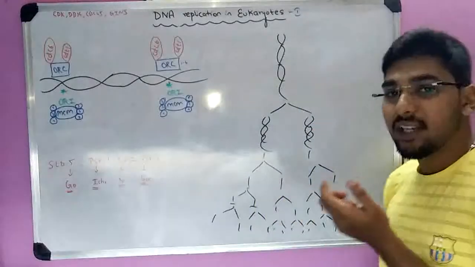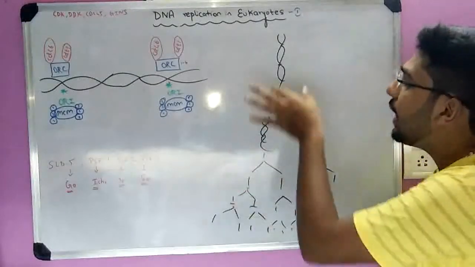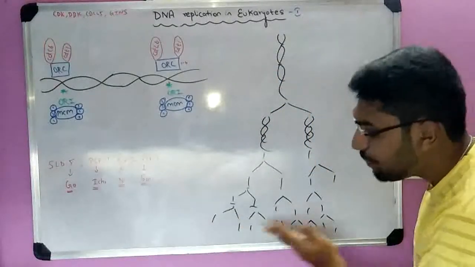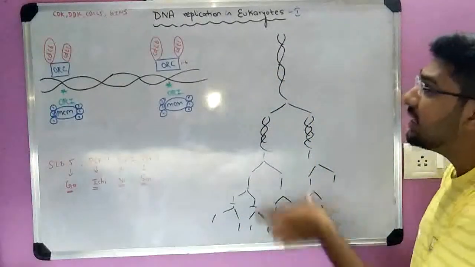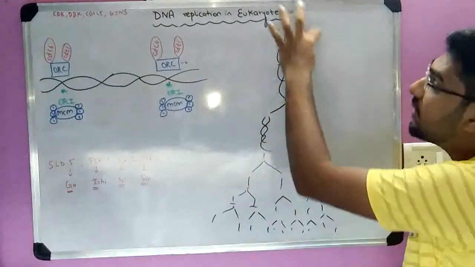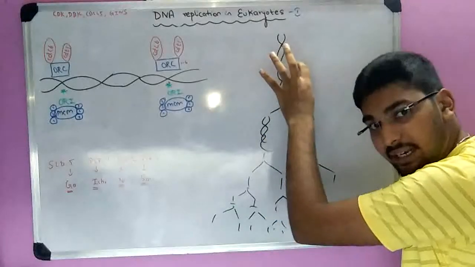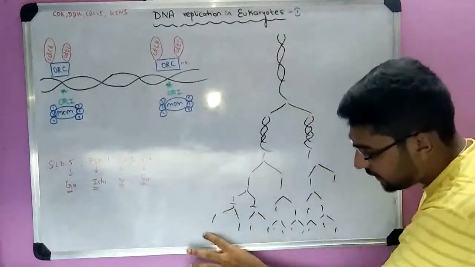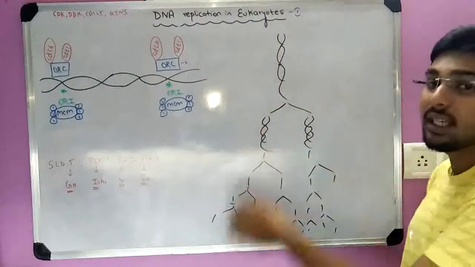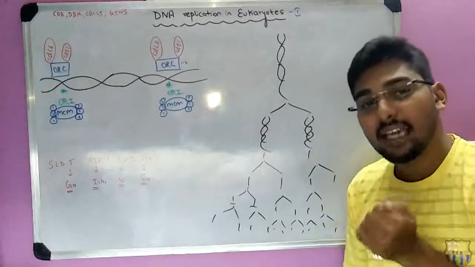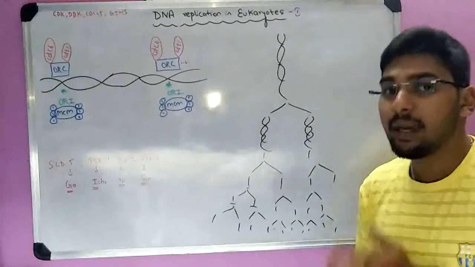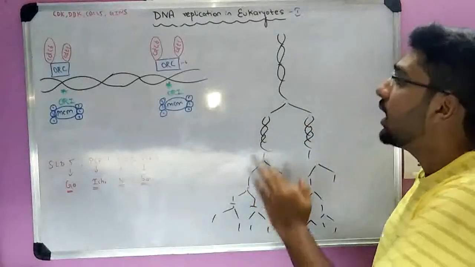DNA replication is a process where a single parental strand of DNA gives rise to multiple copies of DNA containing the same genetic information as the parental strand. Whatever information is there in this DNA, the same information will be there in all the multiple copies formed. This biological, enzymatically catalyzed process occurs in all organisms.